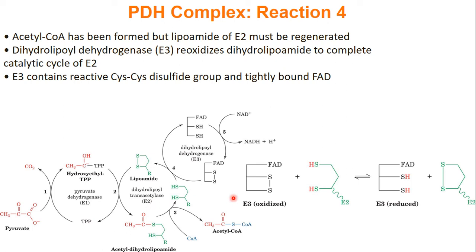Now, the way that E3 does this is that it has 2 cysteines that are in a disulfide bond, and it has an FAD plus, or sorry, just an FAD. So these 2 sulfurs are going to break apart, or more or less they're going to take the hydrogens from E2. The disulfide bond in E2 will be reconnected, and now E3 will be in its reduced form.